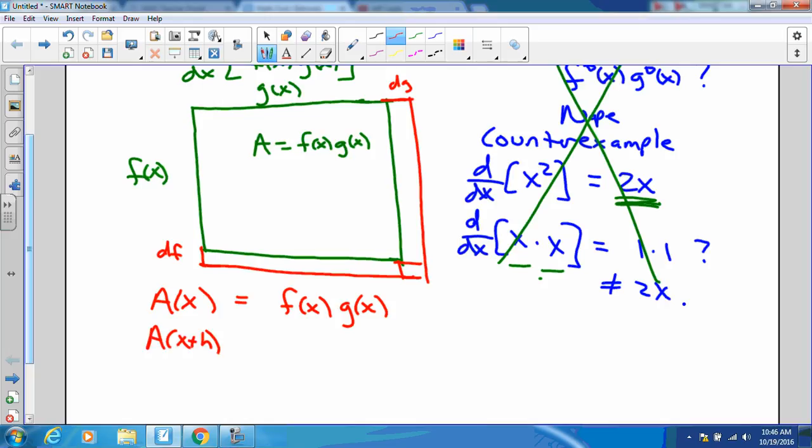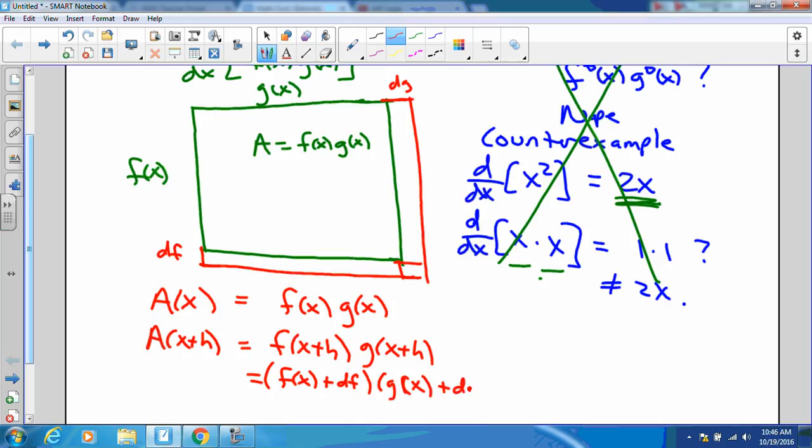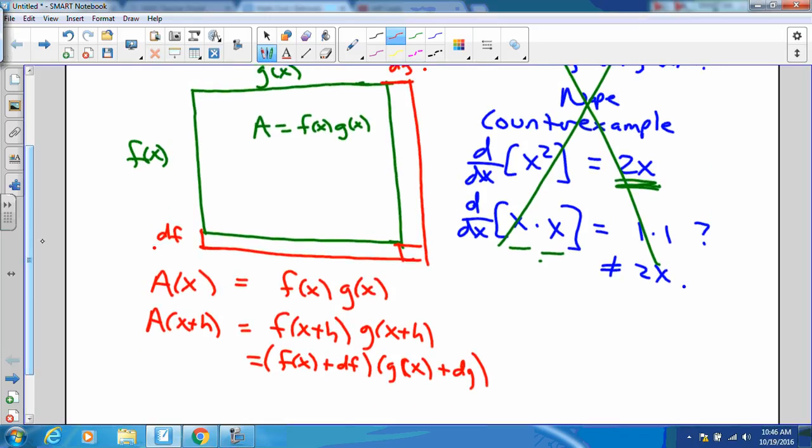And the new area of x plus h, when x changes by a little bit, is equal to f of x plus h times g of x plus h, which is equal to f of x plus df times g of x plus dg also. In other words, changing x by h leads to a change in f, df, and it leads to a change in g, dg, and that leads to a new area right here.